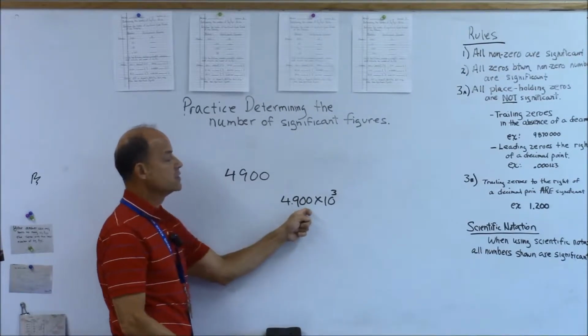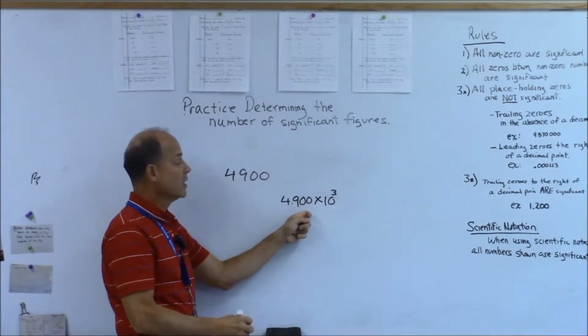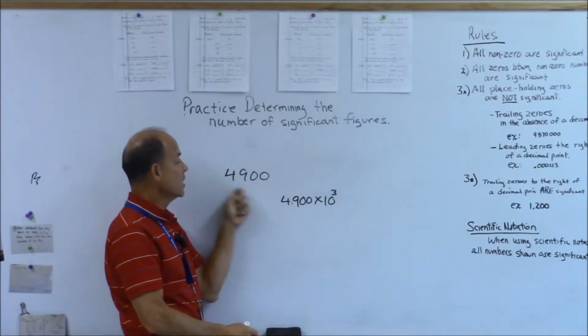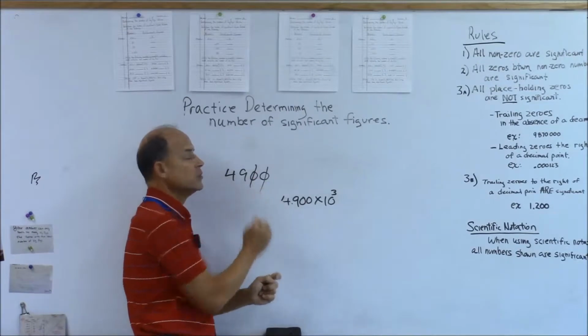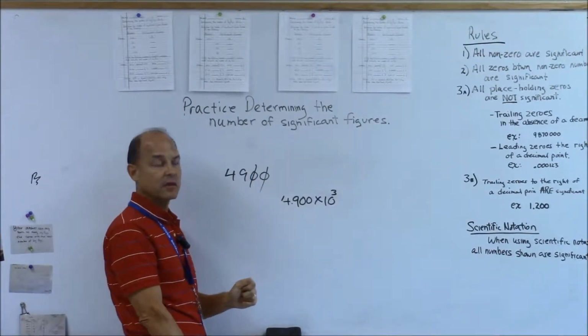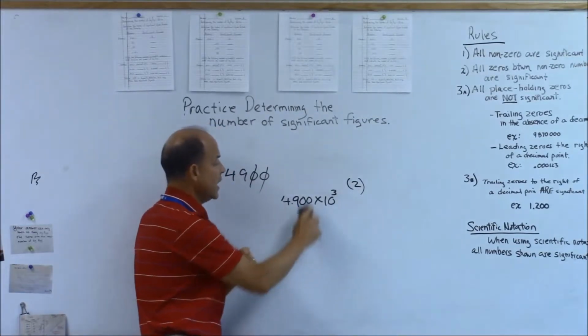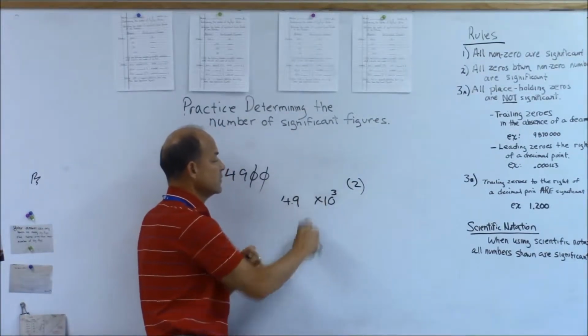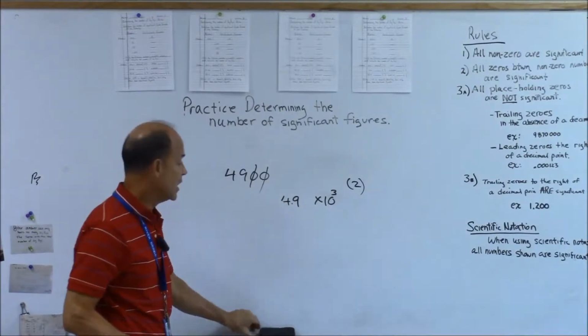But now we've just made these zeros significant because we showed them. We really can't show them because when the number was written in standard notation, these zeros really are not significant. Right? So there's really only 2 sig figs right here, so we can't show that when we write it in scientific notation. Okay? See how this can get kind of tricky?